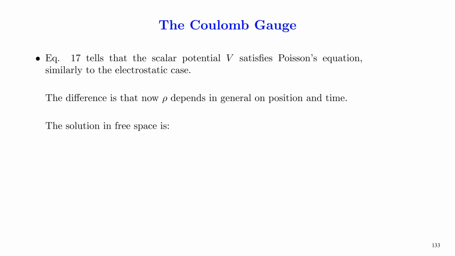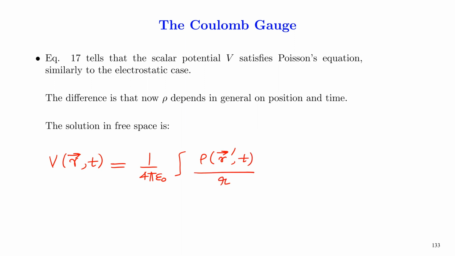Since the charge density now depends on position and time, the solution for the scalar potential V(r,t) is equal to 1 over 4 pi epsilon 0 integral of rho, which is a function of r prime and t, divided by script r, then d tau prime.